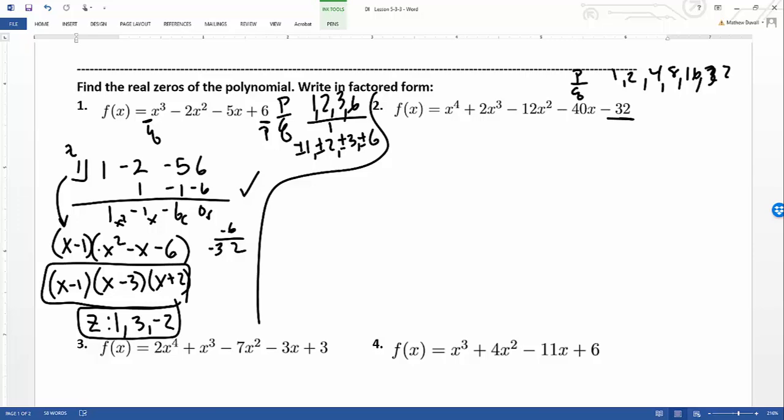Let's try positive 1. So we have 1, 2, negative 12, negative 40, negative 32. Add straight down, multiply, add, multiply, add, multiply. That's not going to work. So not positive 1.